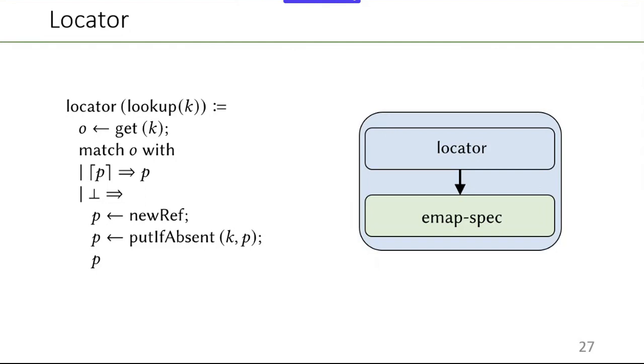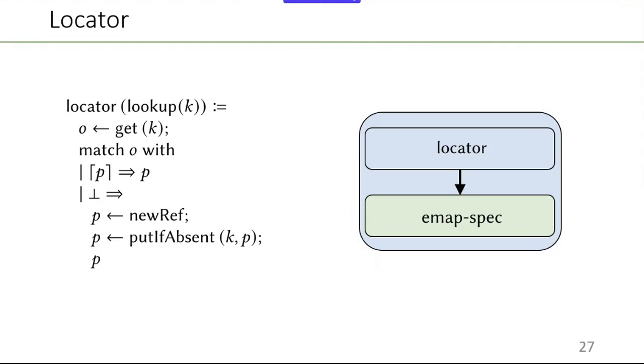Put if absent is a method that puts the particular key and given value in the map only if it's absent in the map. If it does exist in the map, it returns the previous value. And that's exactly what we want here, right? So if it succeeds, it returns this P, and we return it.